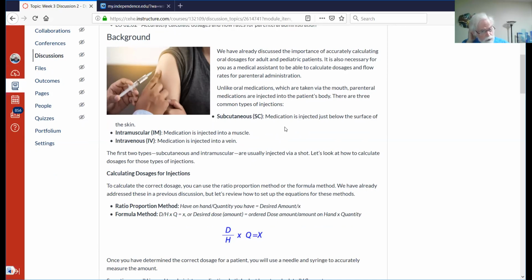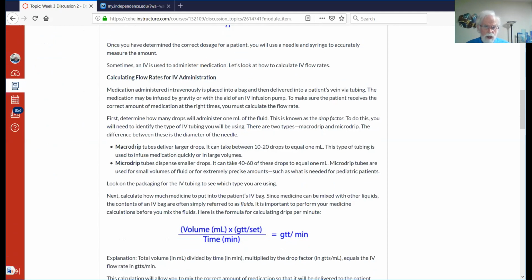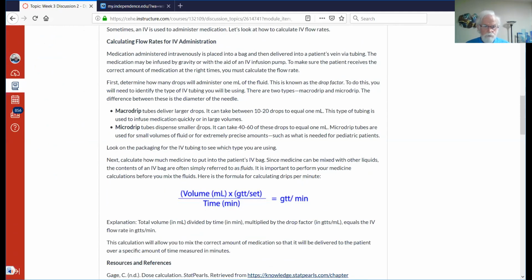When we calculate a dose for injections, it's not too bad. But when we are looking at infusion for IV administration, there are two ways that we inject IV. We can either stick a needle into a vein and push out, in one motion, the contents of the syringe into the vein. That's called a bolus injection.